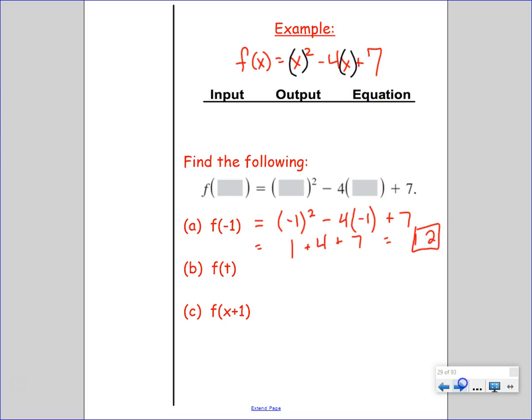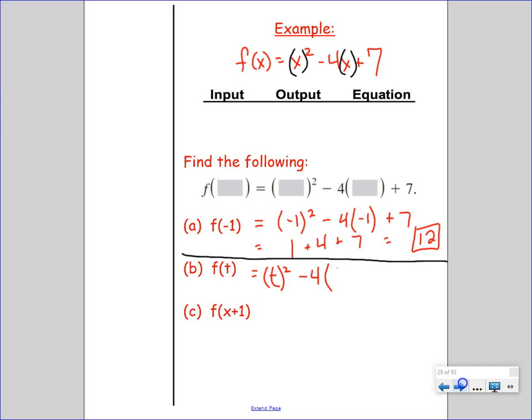What changes when you go to f of t? Yeah, now all the arguments need to change to t's, right? So instead of being box squared or x squared or -1 squared, who's going to be squared? T squared. Plug it in. If you want, you can put the parentheses. What's going to go next to the -4?